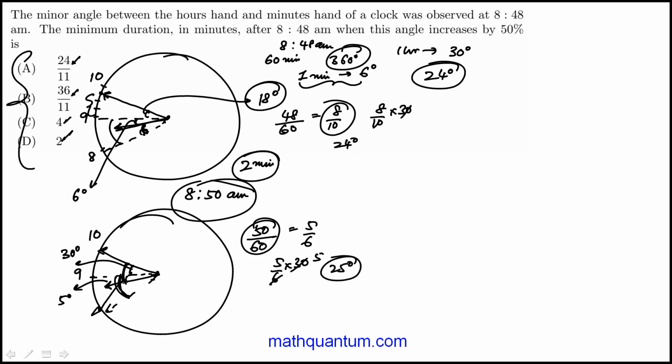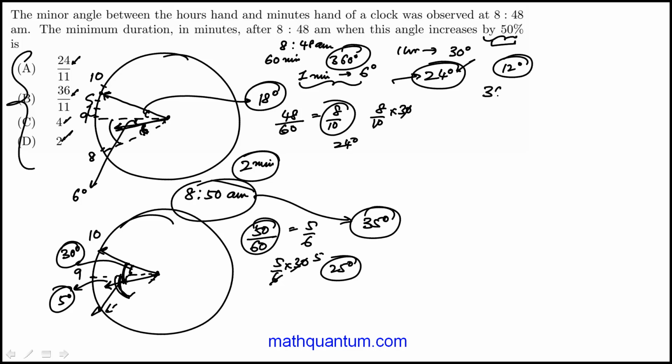So that means the angle between the hour and the minute hands is 35 degrees. So at 8:50, the angle is 35, was 24. They're asking when it increases by 50%. So 50% of 24 is 12. So we need that angle to get to 36.